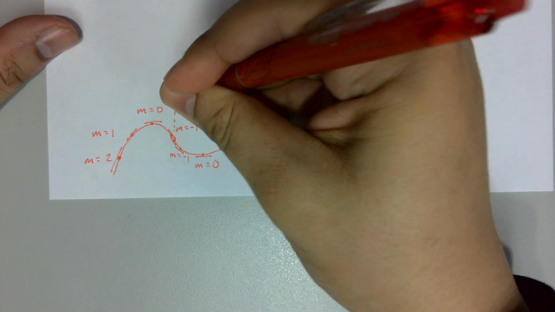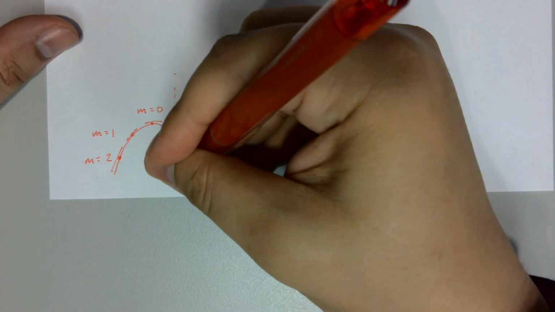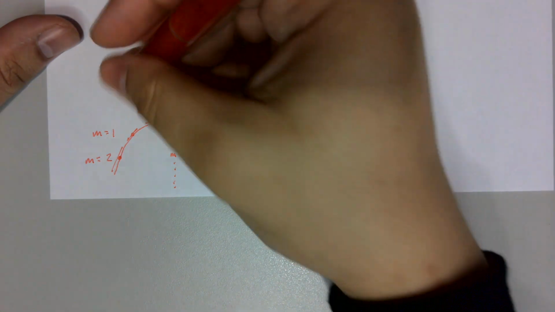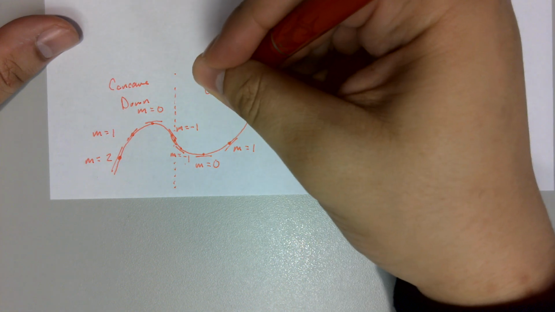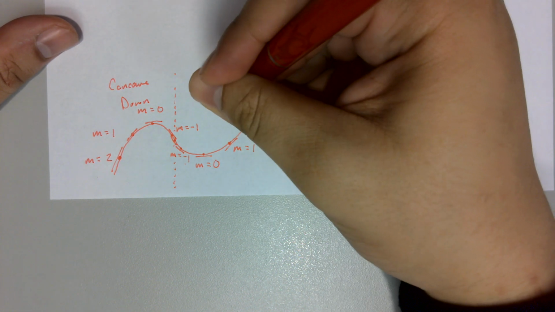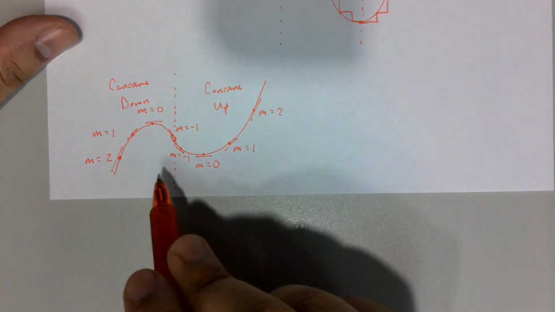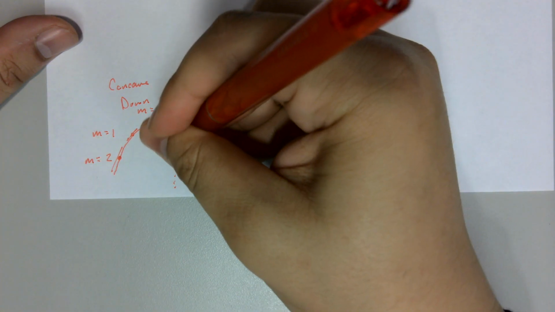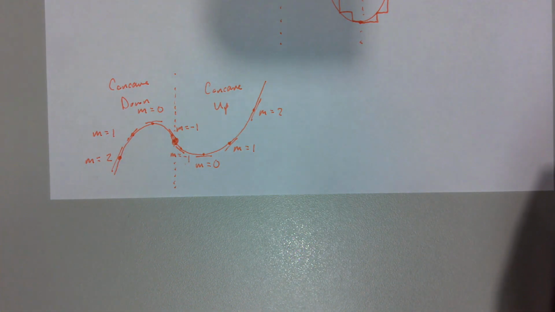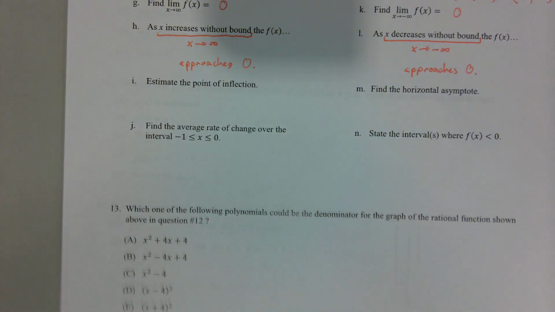And our inflection point is where the concavity changes. So over here, we were concave down, and over here, we were concave up. So our inflection point is where the concavity changes, and we list a point for the point of inflection. So we want to estimate the point of inflection for this function.